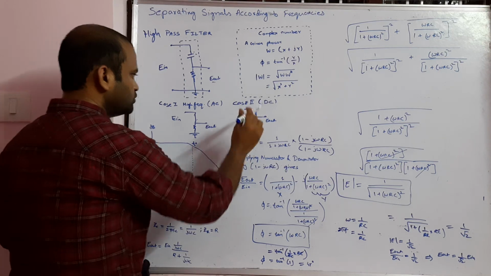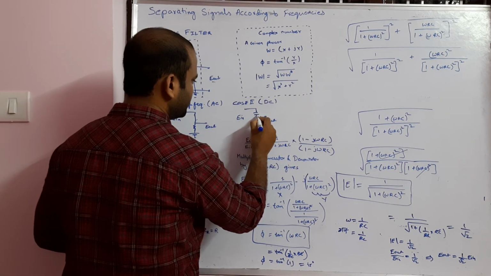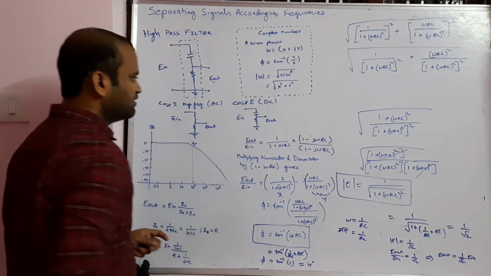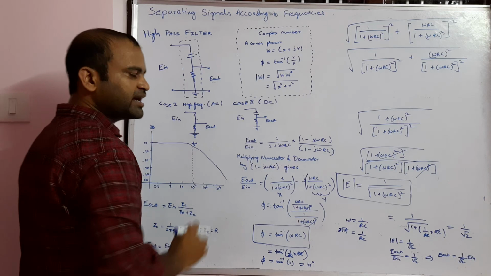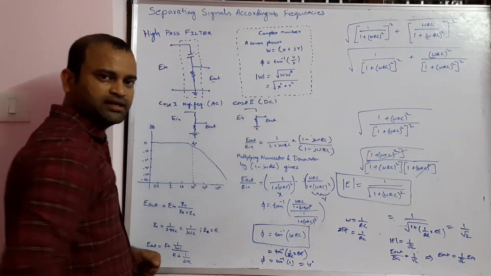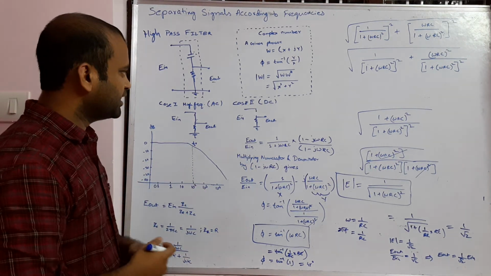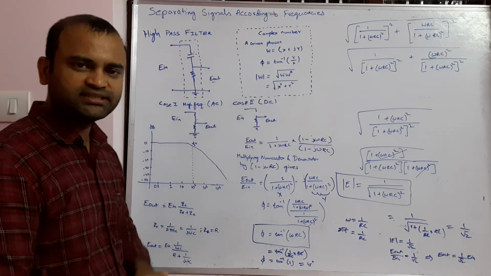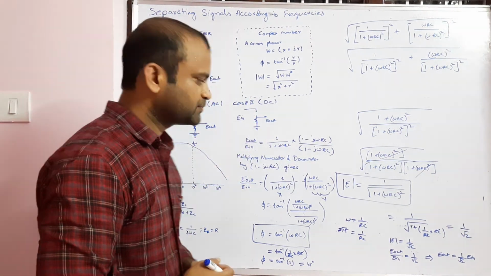Similarly, for case 2, DC, we have a capacitor and a resistor here. When you give a DC signal as an input, your capacitor acts as an open circuit and does not allow the input signal to pass through it. Hence, your output voltage is 0 for zero frequency signals.